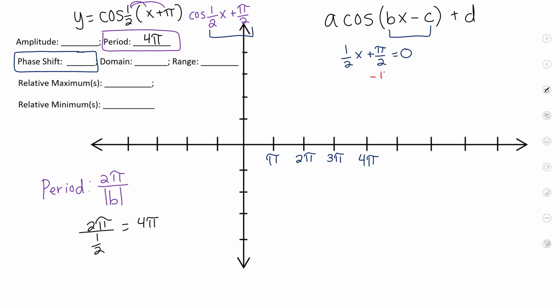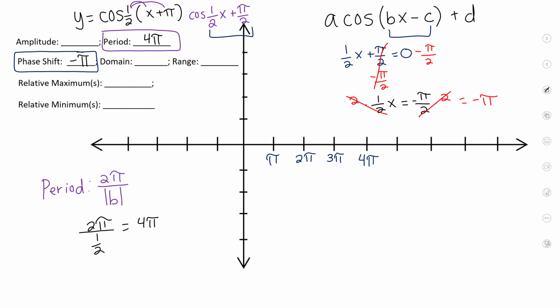So subtract pi over 2. We get 1/2 x equals negative pi over 2. Now we're going to multiply both sides by 2. And those 2's cancel. So that means my phase shift is negative pi.